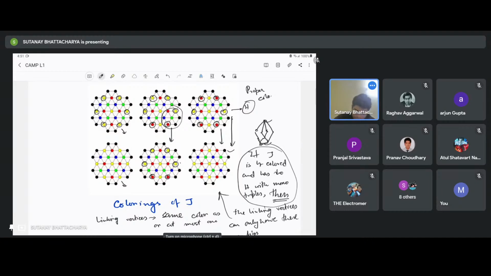Except these two. So the configurations of the two sets of linking vertices must both come from these two. Can anyone give a quick argument as to why?